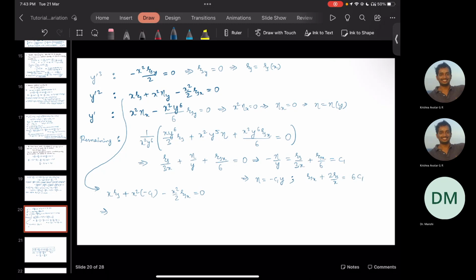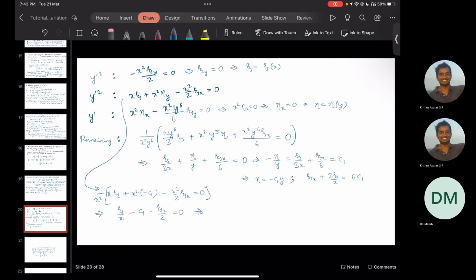Let's first divide throughout by x squared. So we'll have just 1 by x squared throughout. And then this gives us xi by x minus c1 and minus xi x by 2 is equal to 0.